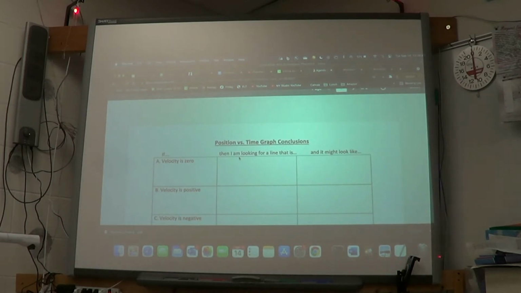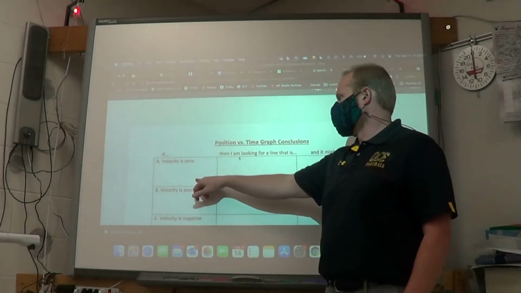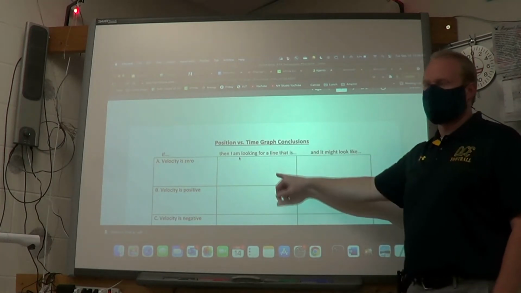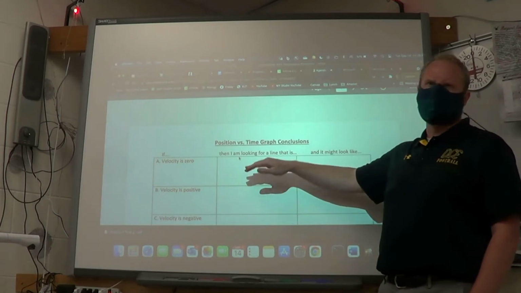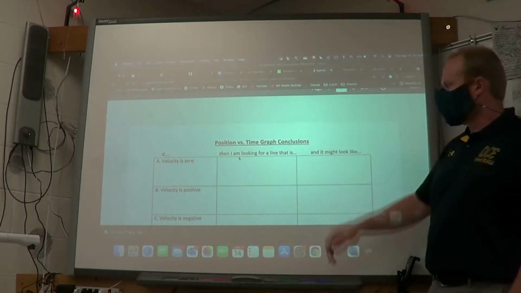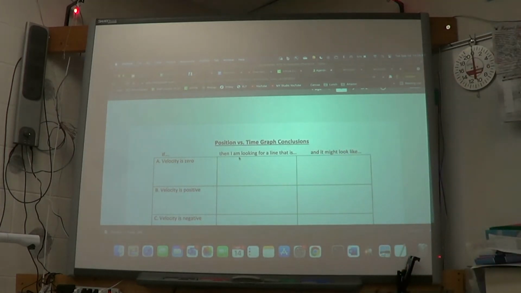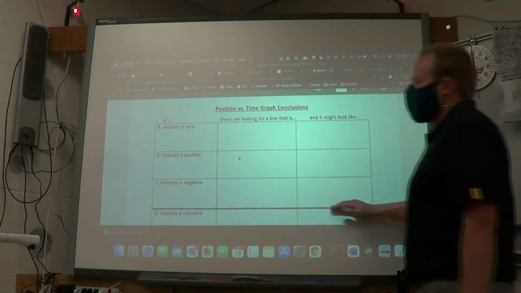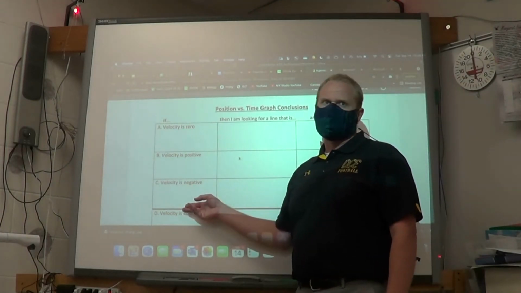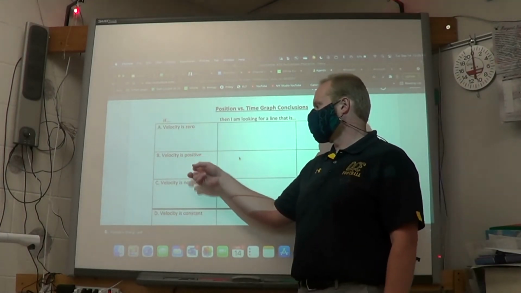So if my velocity is 0, then I'm looking for a line that is blank, like straight, curve, or flat, and then we'll draw some examples. There are intentionally big, bold lines between certain sections because it's going to be one of these three: either 0, positive, or negative.